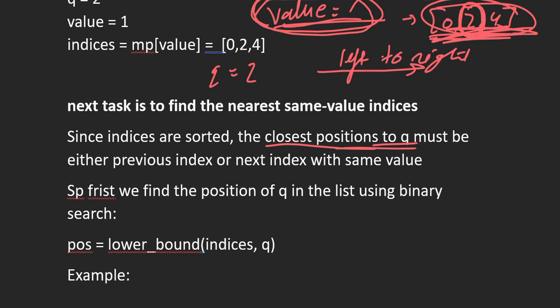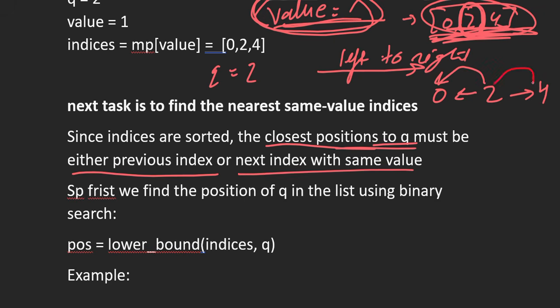What are the closest indexes for 2? The left closest index is 0 and the right closest index is 4. So q must have the shortest distance either from the previous index or from the next index. So for this position q, we find the distance from both the places, right?